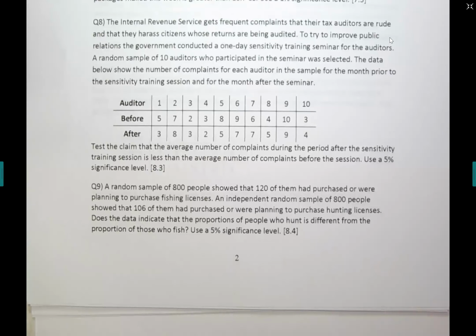To try to improve public relations, the government conducted a one-day sensitivity training seminar for the auditors. A random sample of 10 auditors who participated in the seminar was selected. The data below show the number of complaints for each auditor in the sample for the month prior to the training.